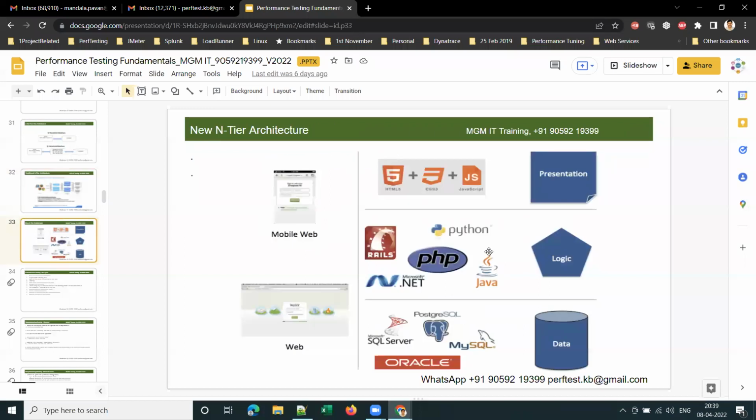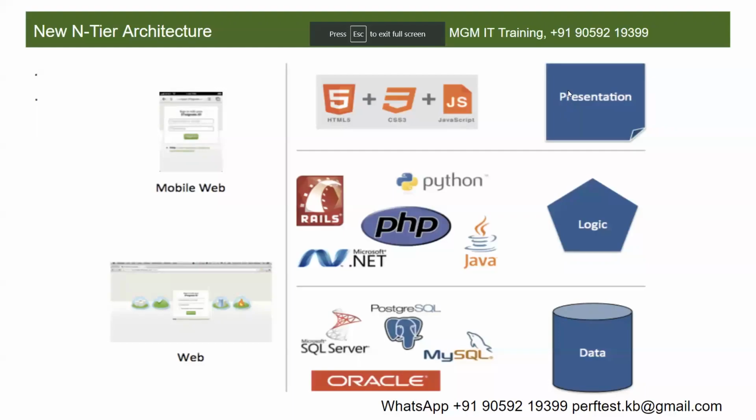Now let's understand what this presentation layer is made up of, what this logic tier is made up of, and what this database tier is made up of. This web presentation tier or presentation layer will be developed using HTML, CSS, and JavaScript mostly.